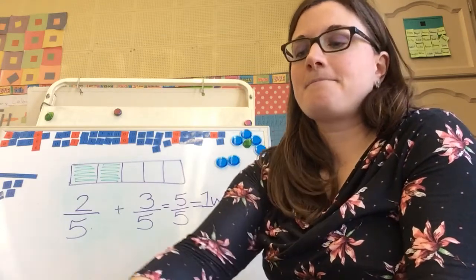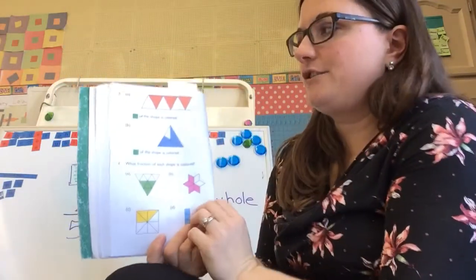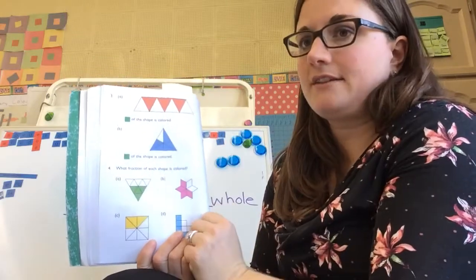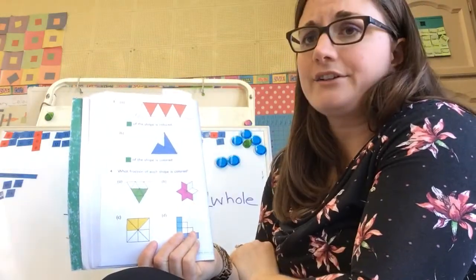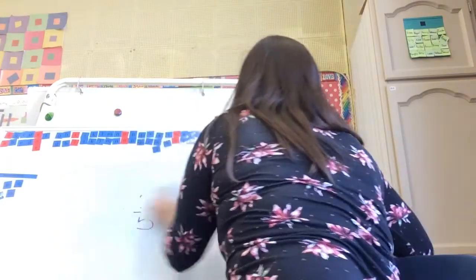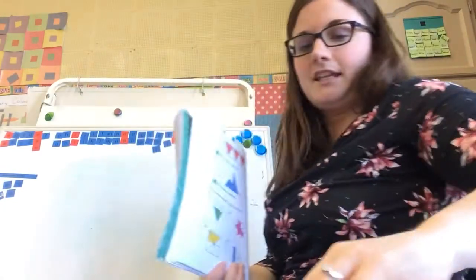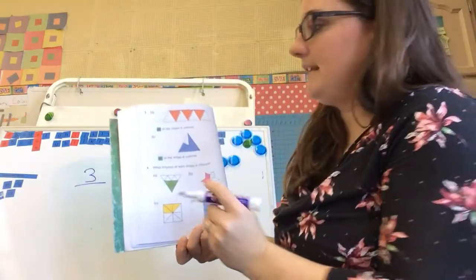Grab your textbook. Okay, we're going to look at page 56, and we're going to look at question 3 at the top. Let's write our fraction for how many pieces are colored in the top one. 1, 2, 3. 3 pieces are colored. Okay. 3 pieces out of how many pieces is there all together?